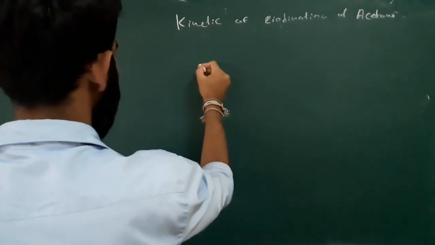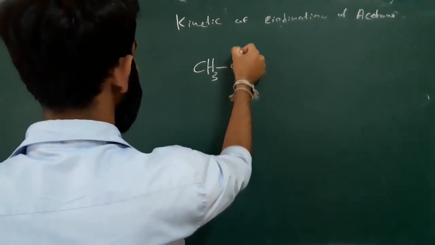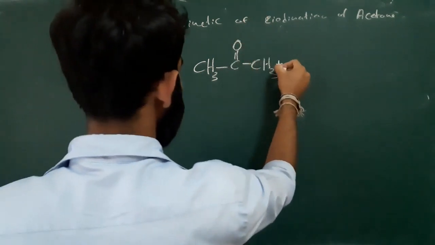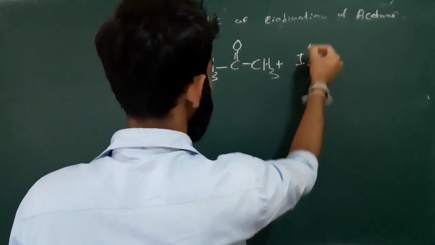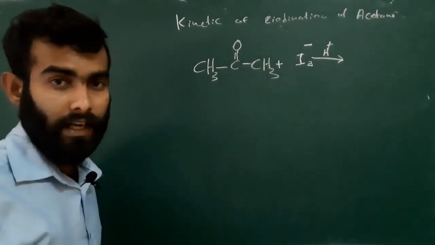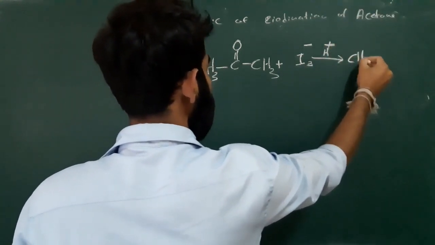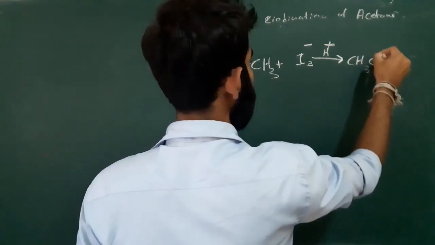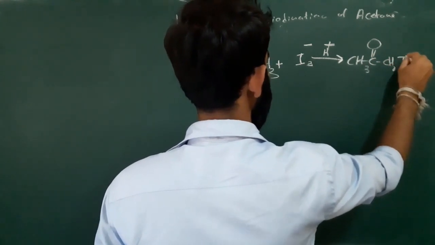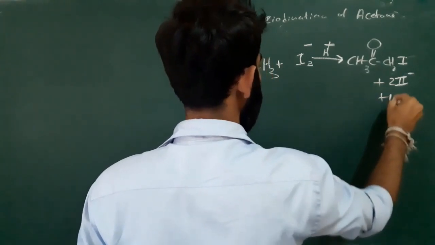The net reaction was, this is acetone, CH3COCH3. This will react with added I3 minus, and we add acid as a catalyst, and the final product will be CH3COCH2I plus 2I minus plus H plus.